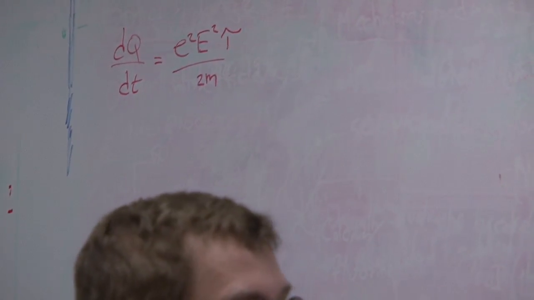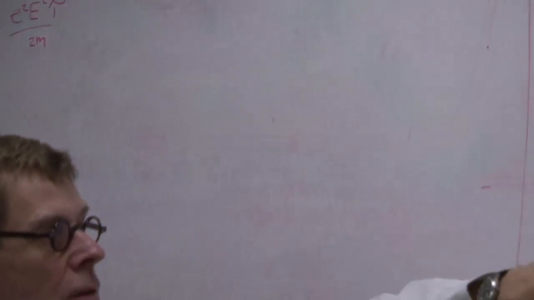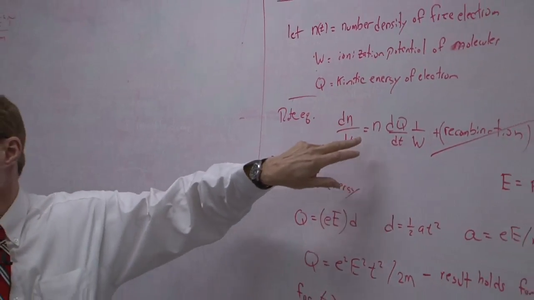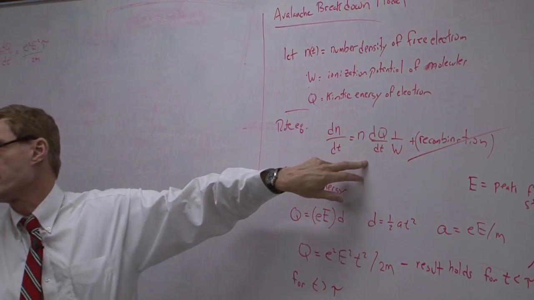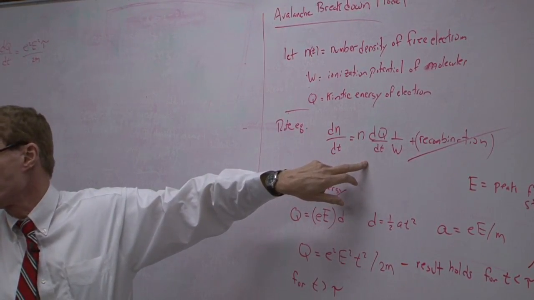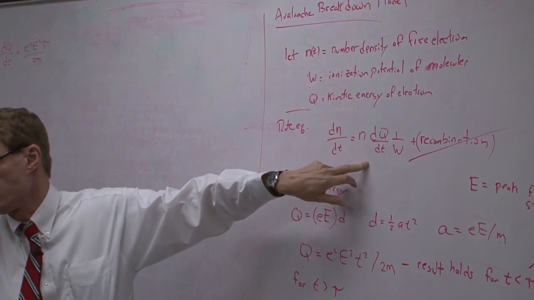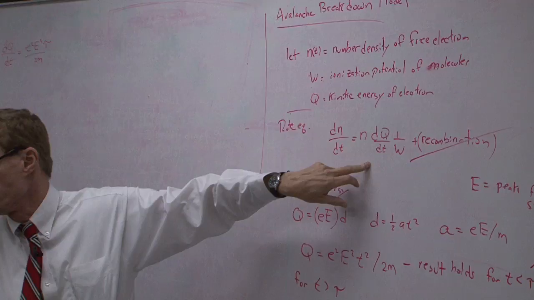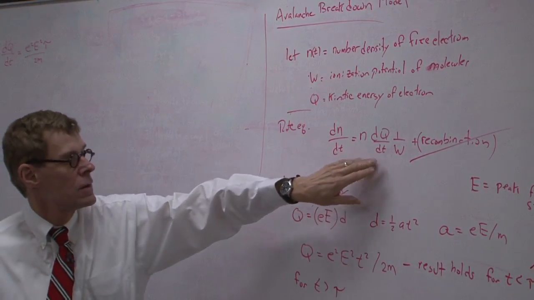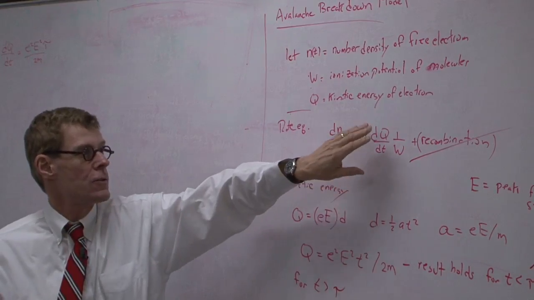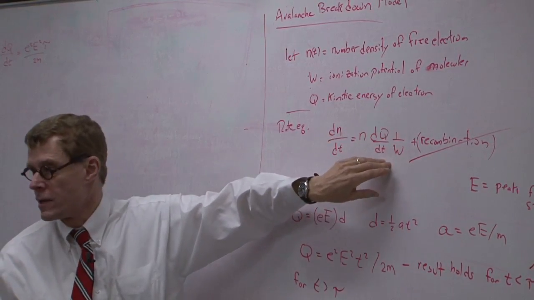Okay, so let's come back to our rate equation. Actually, let's look at it a little bit. It says that the time rate of change is proportional to how many are there already. Well, that's because it's an avalanche breakdown. So each free electron is free to become accelerated and collide with an atom and release an additional electron. So now we've convinced ourselves that dQ/dt is just a constant.